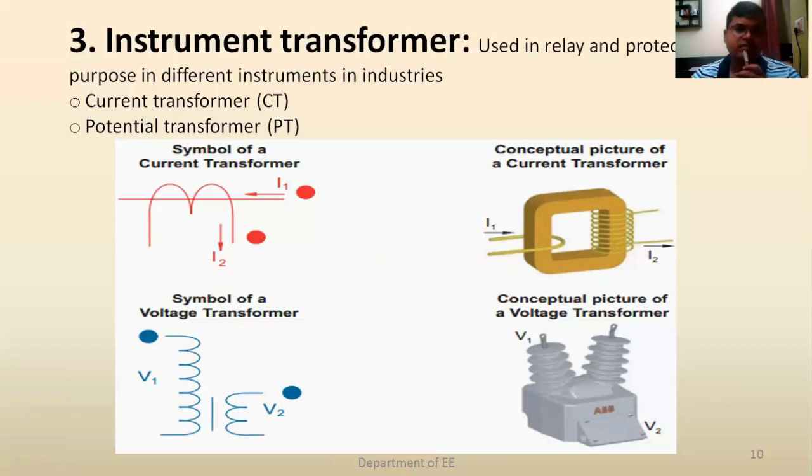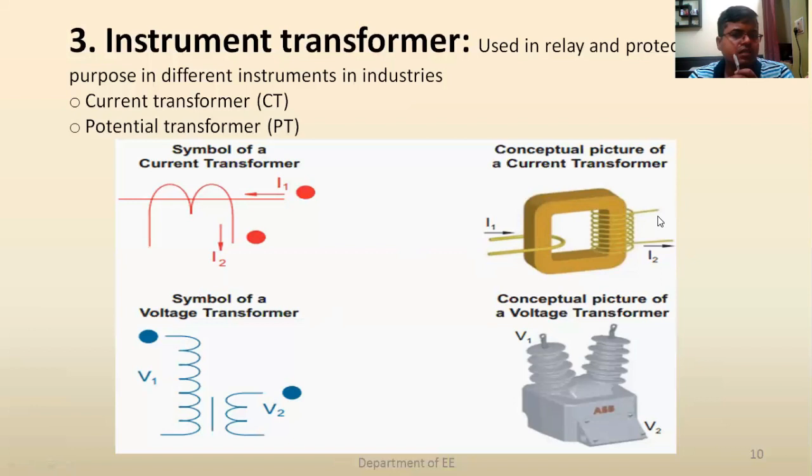Okay, so it is very less. Because this is used only for the purpose of protection or measurement, right? This is not used for transferring power and connecting some load to it.